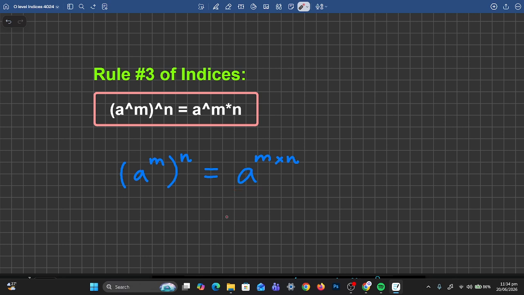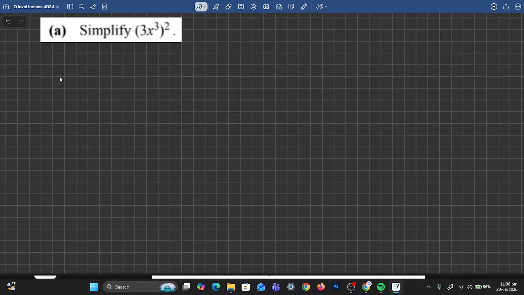Now we will do some examples for better understanding. Our first example is (3x cube) whole to the power square.